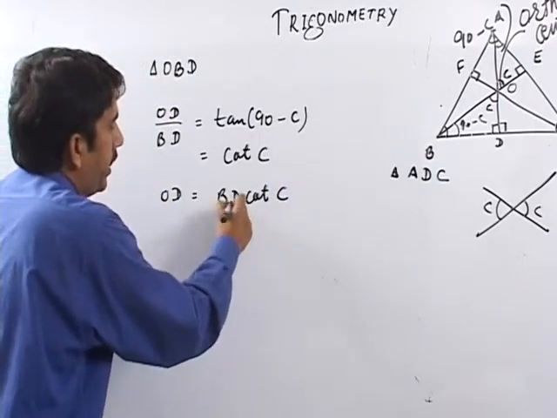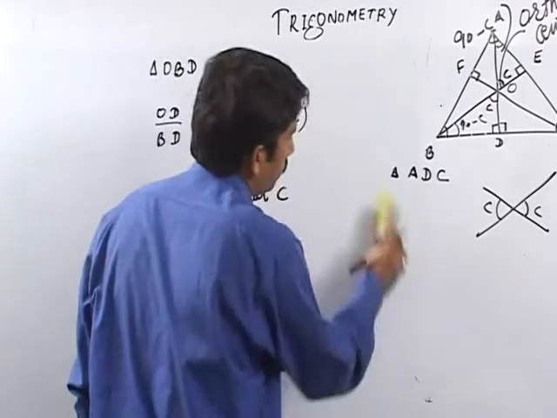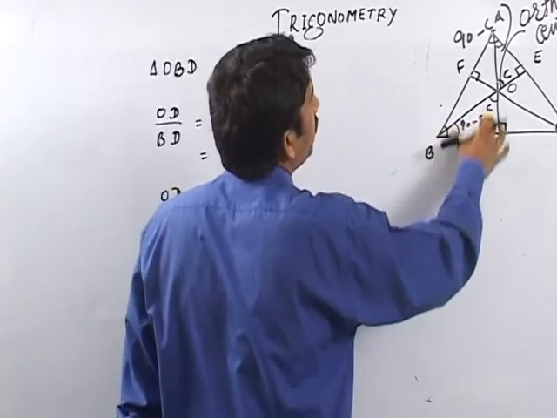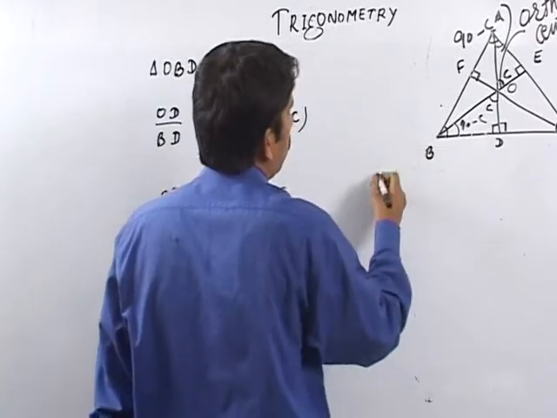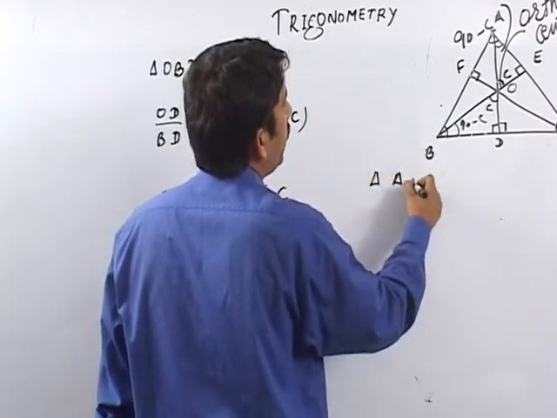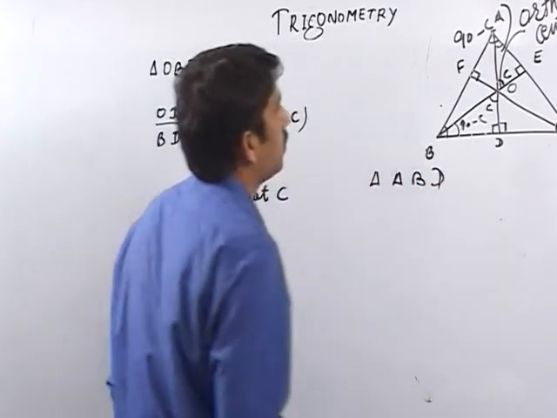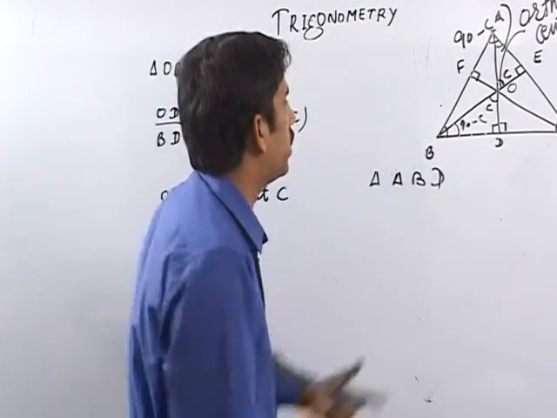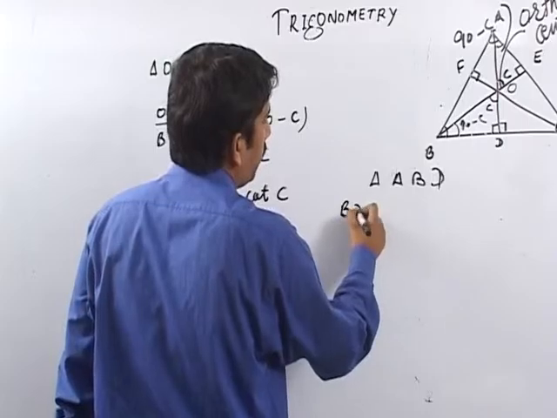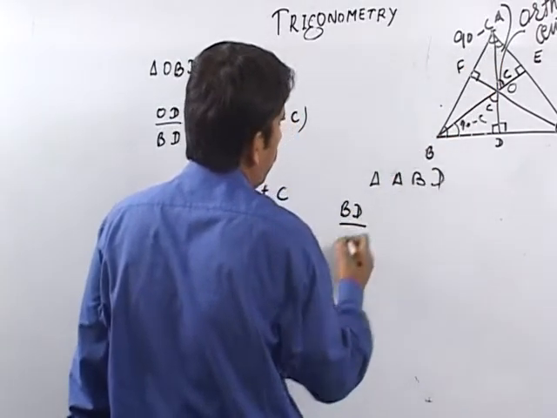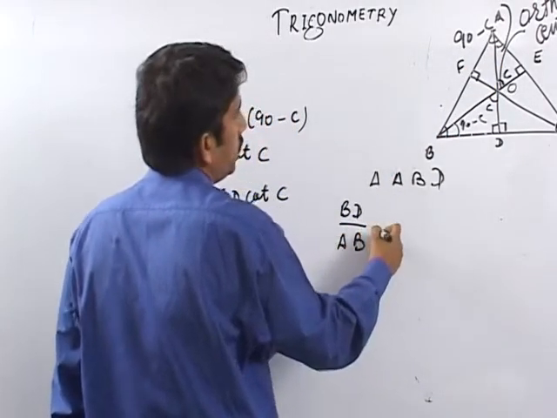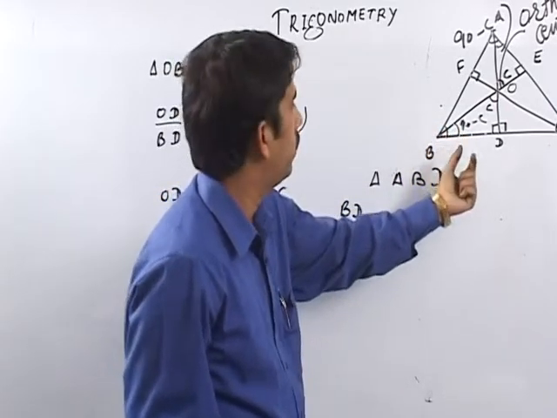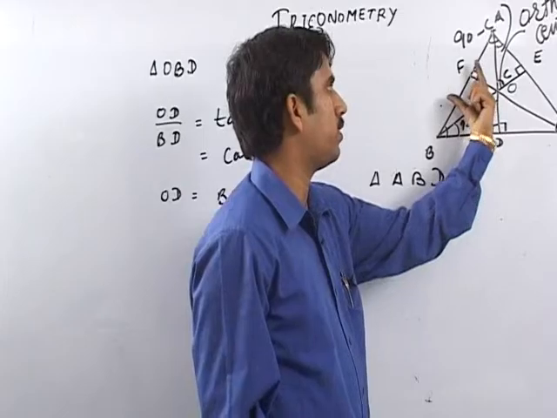Now, to find BD, we will take triangle ABD. Since we have to find BD, BD over AB, if this angle is taken as angle B, then BD is base and this is hypotenuse.